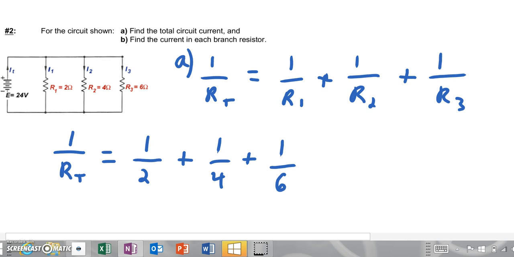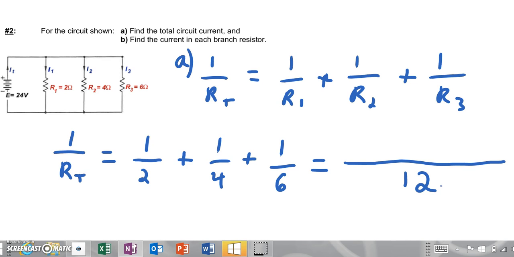And so if we take the approach that we're going to find a common denominator, the least common multiple of 2, 4, and 6 is 12. So that becomes the lowest common denominator for this fraction. Now, 1 over 2 is 1/2 of 12, so that gives us 6 over 12.